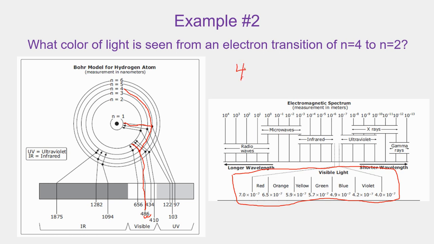So I'm looking for 4.86 times 10 to the negative 7. Okay, so if we look in our chart here, we see that 4.86 is going to come between 4.2 and 4.9. So the color of light that's giving off is going to be blue.